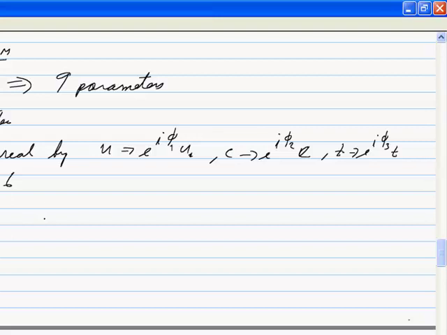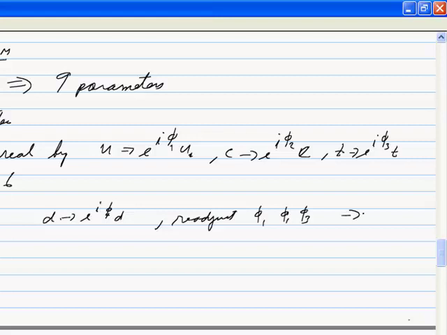You could change D goes to e^{i phi D} D. To do that, you'll have to readjust the phi 1, phi 2, phi 3, that's phi 4, to keep the diagonal elements real, but you can do it.